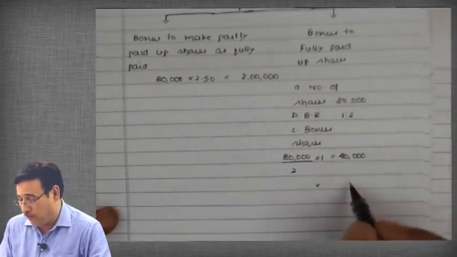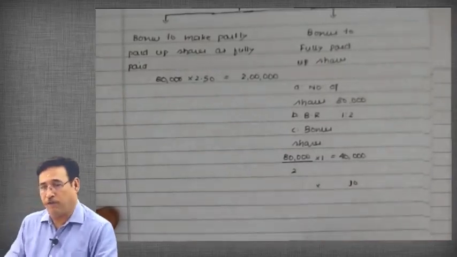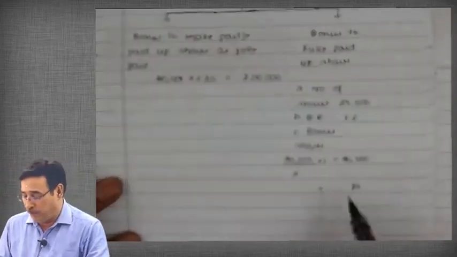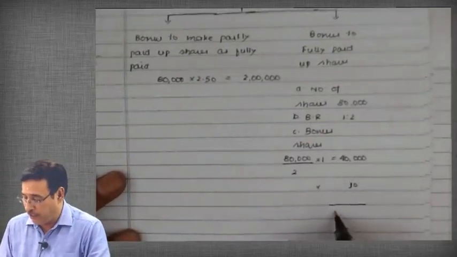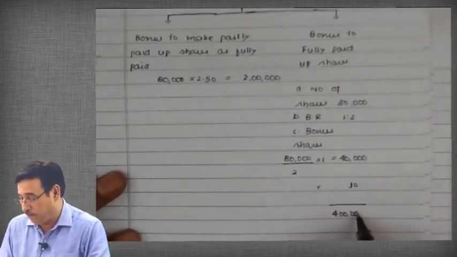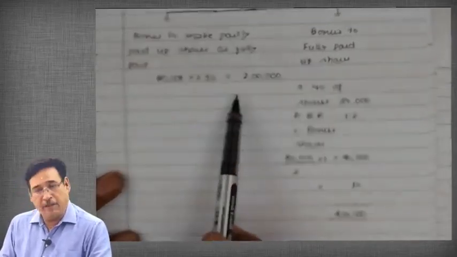Now 1 share will be of ₹10 each by the time such bonus issue is offered, the reason being that prior to this, shares will be made fully paid up. So now the face value of share is 10, that is also the issue price. So 40,000 into 10, 4 lakh.